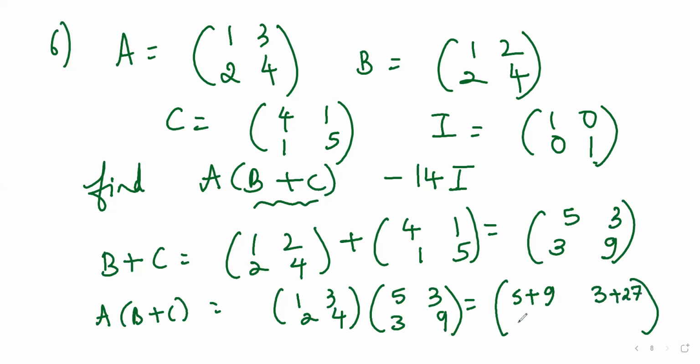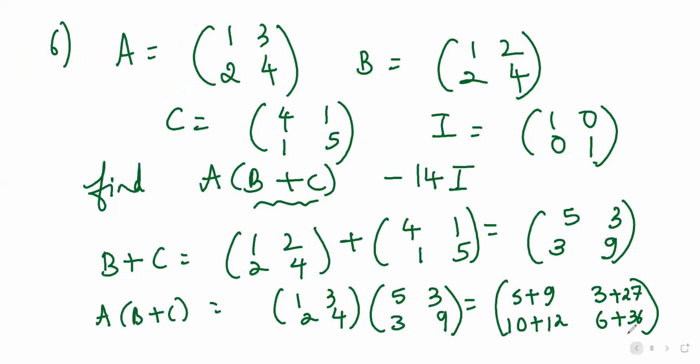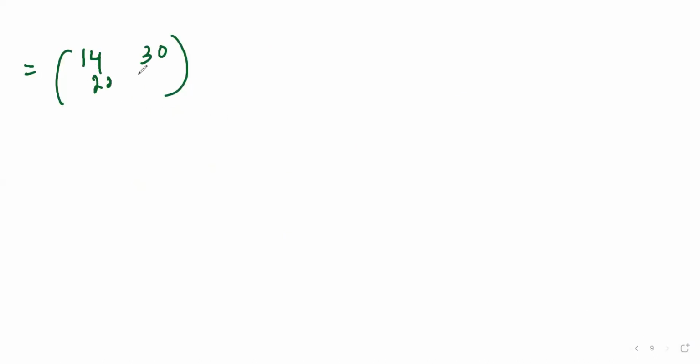Then 5 into 2, 10 plus 4 3s are 12. 2 3s are 6 plus 9 4s are 36. So, okay, I'll just write it here. 14, 30. Then 22 and 42. Okay. Of course, that's my A into B plus C.